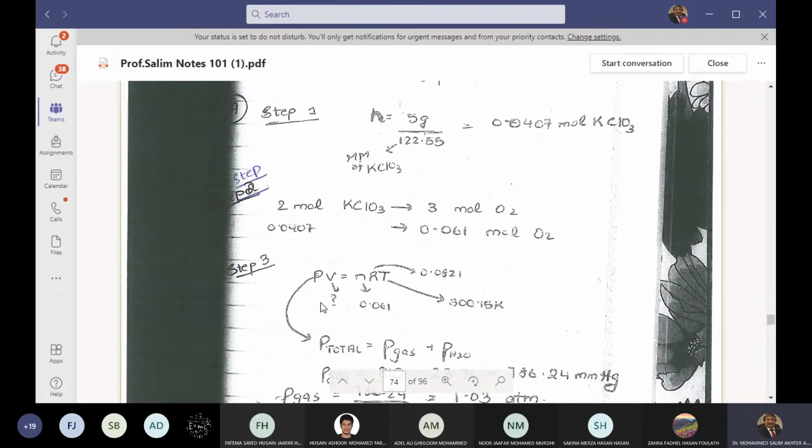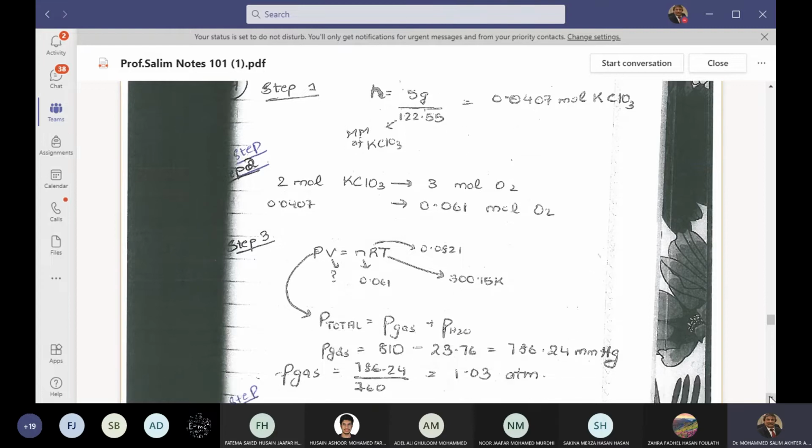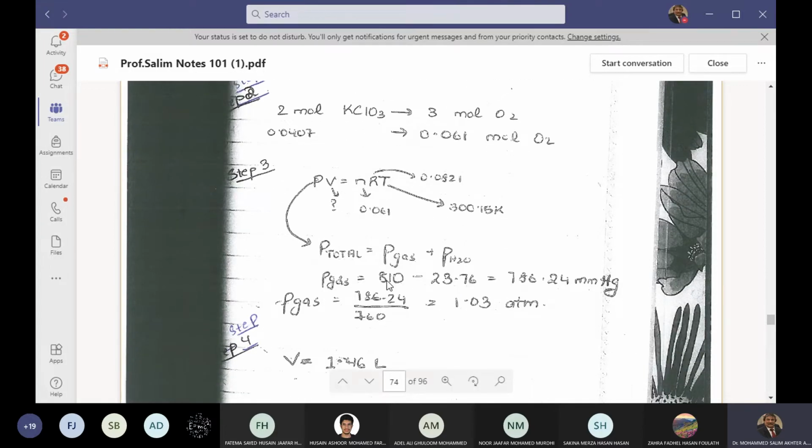I want to calculate the pressure of pure gas from Dalton's second law. P total equals P gas plus P water. I know total, I know water. Can I get P gas? Yes, I can calculate P gas. 810 millimeter mercury minus 23.76 millimeter mercury, I got 786.24 millimeter mercury.